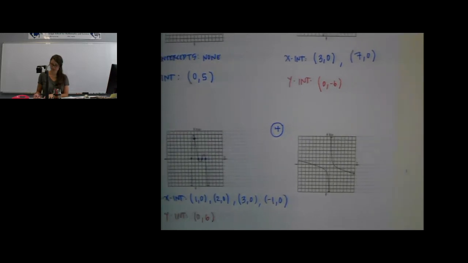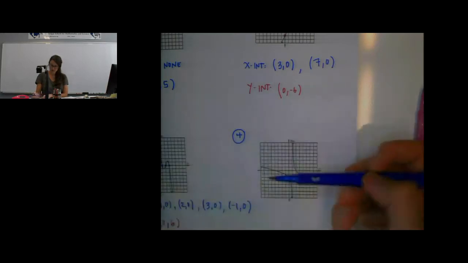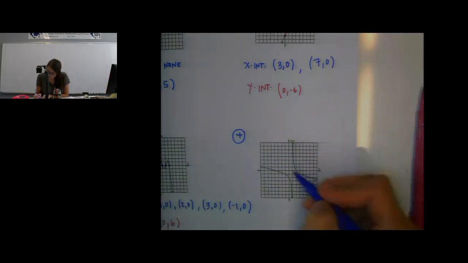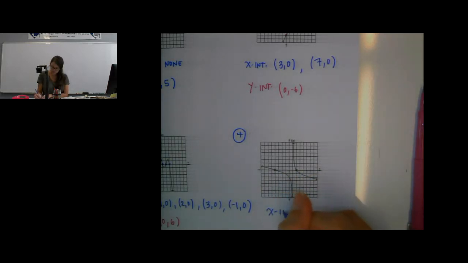Okay. All right, so what about here? It's going to cross the x-axis here and again there. So my x-intercepts are going to be at, what values, at 1, 2, 3, 4 at -4, 0, and 1, 2, 2, 0.